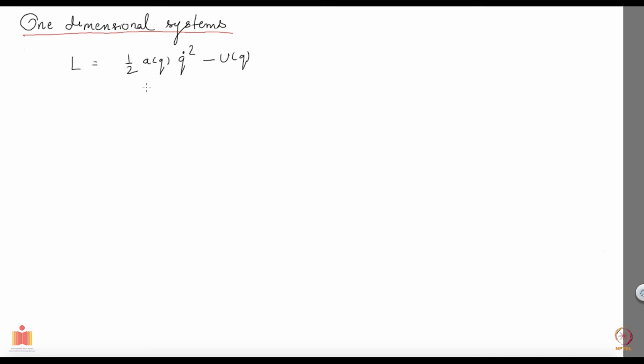So that energy function, or Hamiltonian function, will be a conserved quantity, and you can immediately obtain H. I think this is what we called earlier H of q, q dot, and this will turn out to be A of q times q dot squared plus U of q. For the system, this will be constant throughout the motion, and it will be some number E, which we call energy.